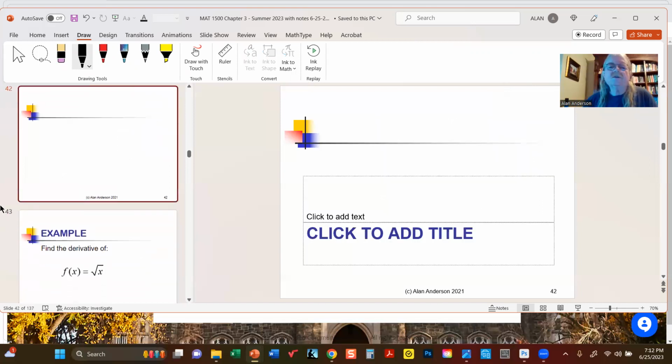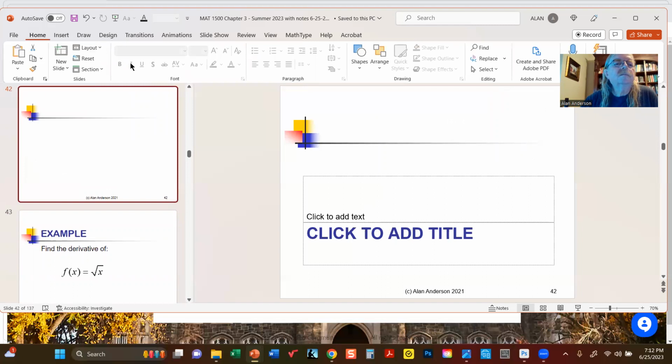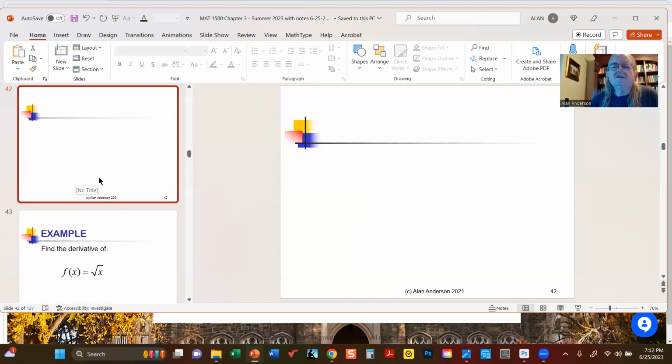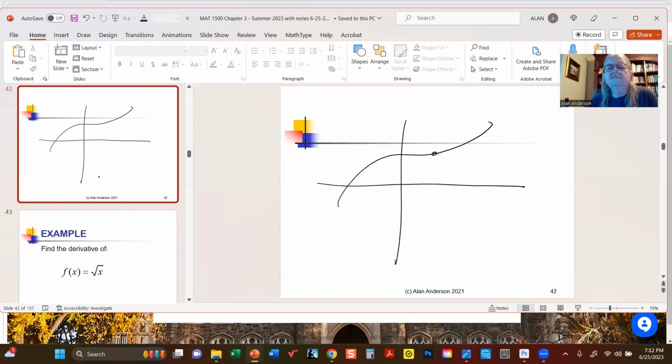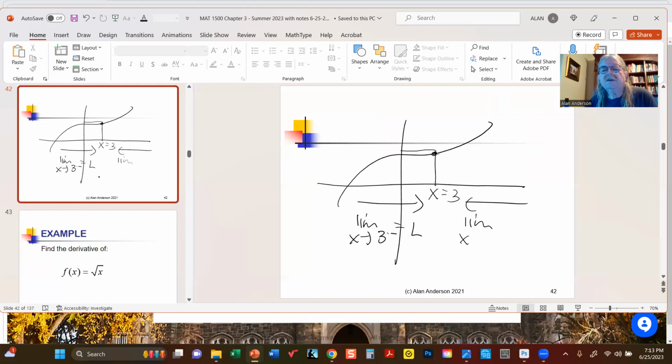But if you recall the way limits work, in order for a limit to exist, let's say it was something like this: the limit as x approaches 3 from the left, let's say that it's L, and the limit as x approaches 3 from the right, they're both the same. And this implies that the limit exists.